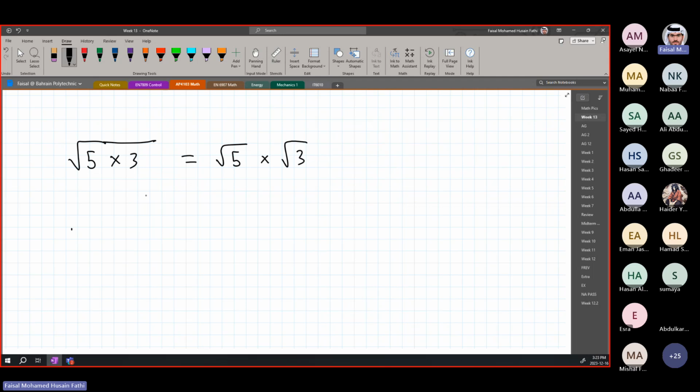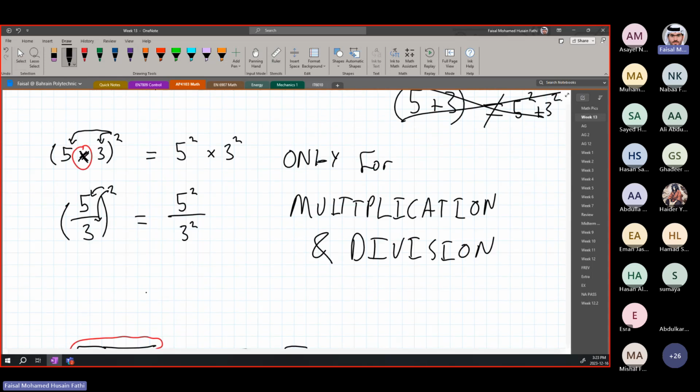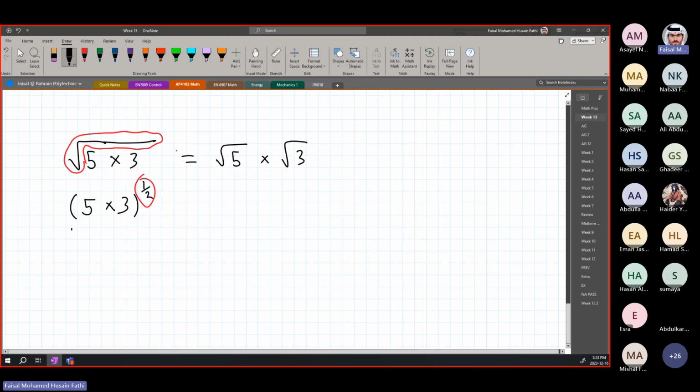Why do we say this? Because remember the rule of the radical? This is simply saying this is 5 times 3 to the power of half. Because the square root here is equal to this. This is just a different notation, a different way of writing it. So we remember from the rule before that we can distribute the power in the case of multiplication.